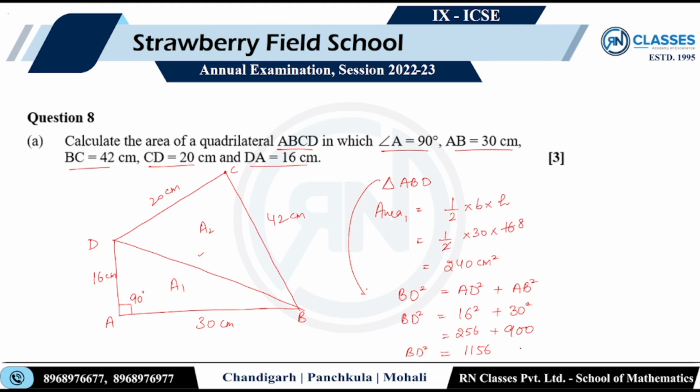That is BD square. I can find out BD by taking the square root. That is nothing but 34 centimeters.